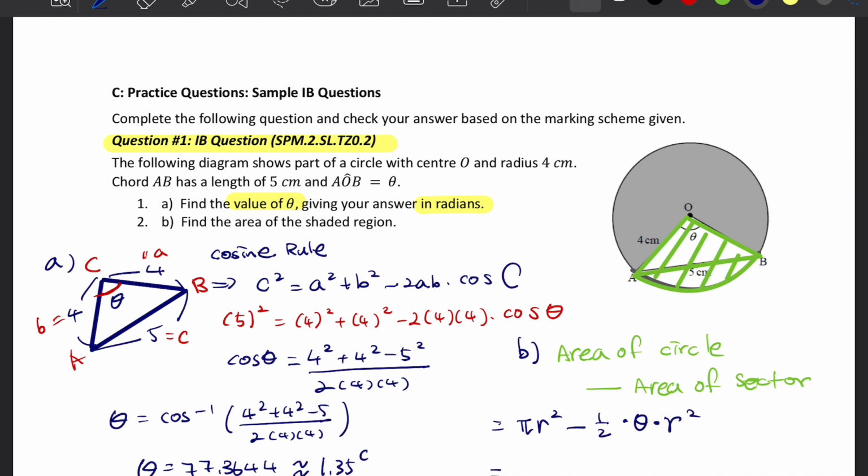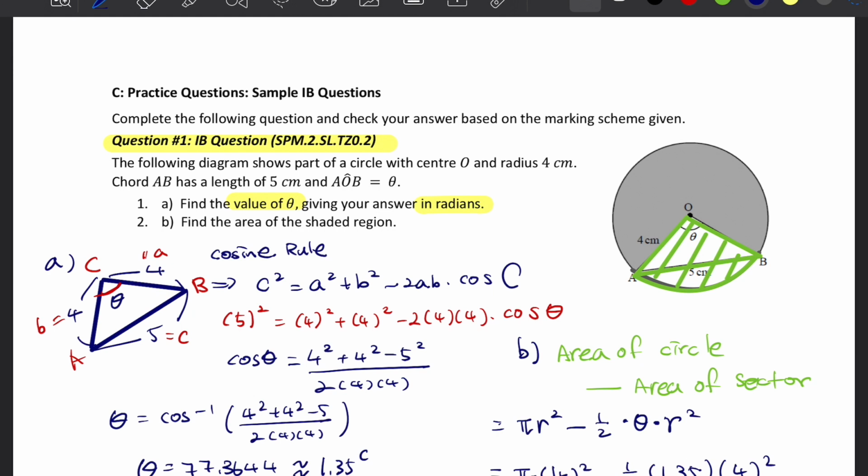So we do pi times 4 squared, since the radius is 4, right? And minus 1/2 times our angle 1.35 times 4 squared. Then we get our final answer.